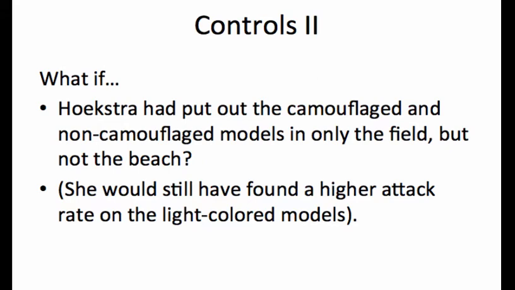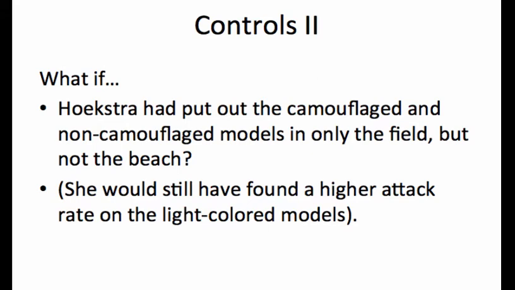Or maybe there was something completely repellent in the dark paint. There was some kind of chemical signal coming off the dark paint that was like a predator-stay-away sort of signal. Okay? In other words, maybe it was all about the chemistry of the paint that was used, and it had nothing to do with what the predators were seeing.